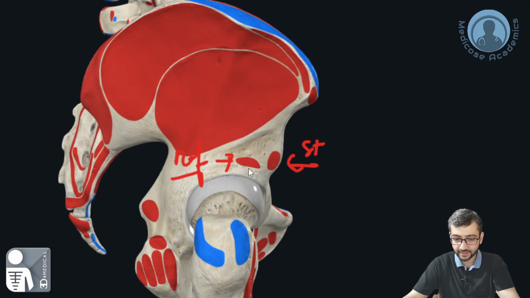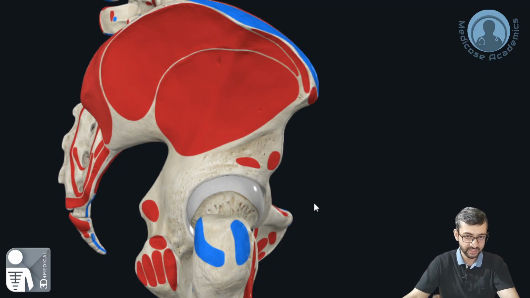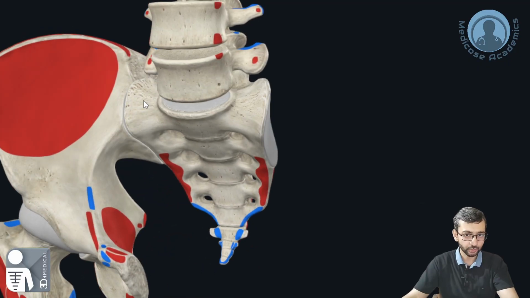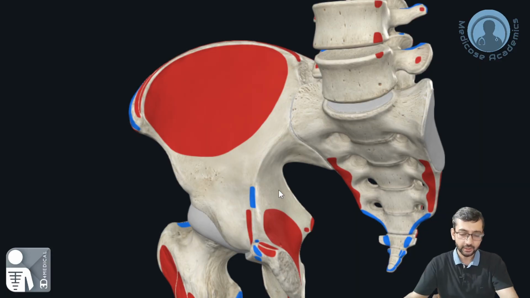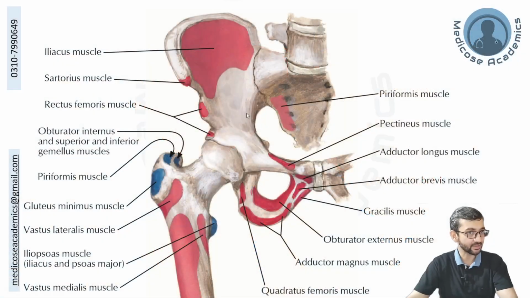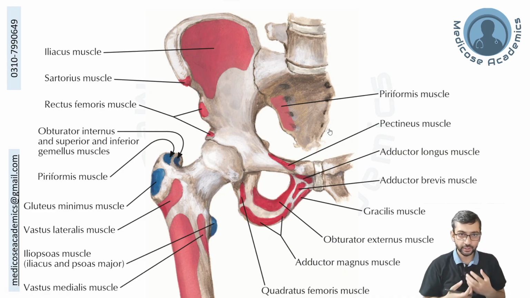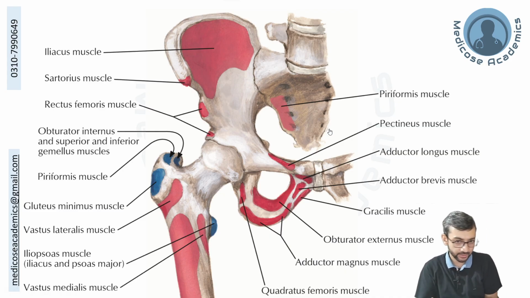So these are all the muscle attachments on the iliac part of the hip bone. You can see these pictures in Netter's atlas too. So we have gone through the different muscular attachments.